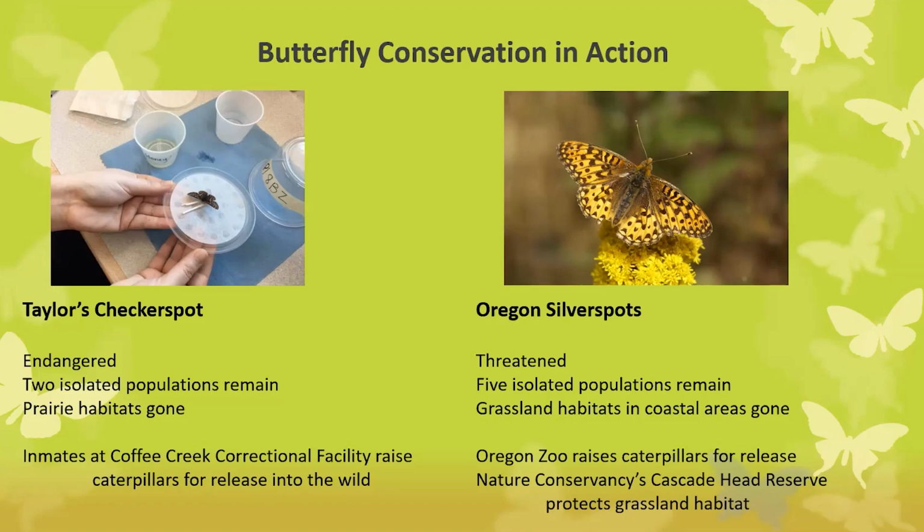The inmates at Coffee Creek Correctional Facility in Oregon are raising caterpillars for release into the wild. I just earlier said, don't buy monarch chrysalis, but this is part of a collaborative project with scientists, researchers, and conservation organizations involved. So they're doing it right, and disease is not an issue.